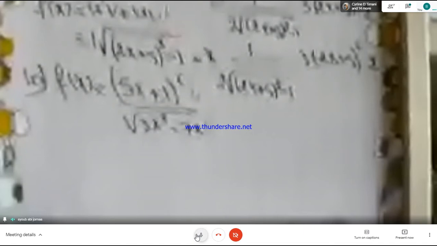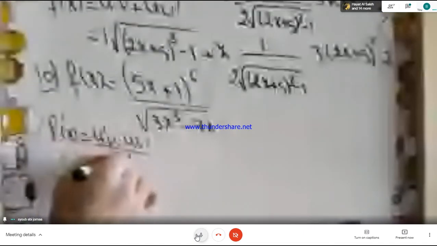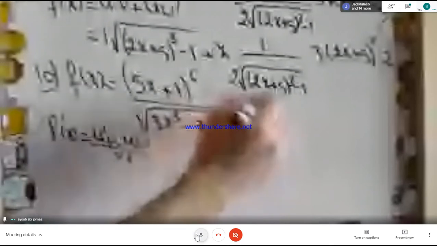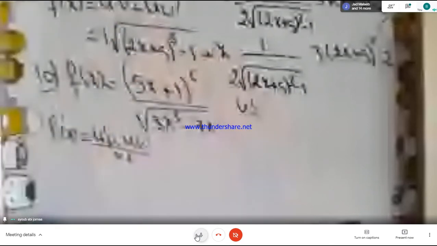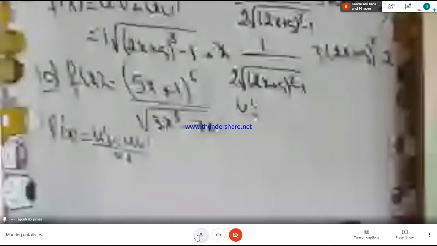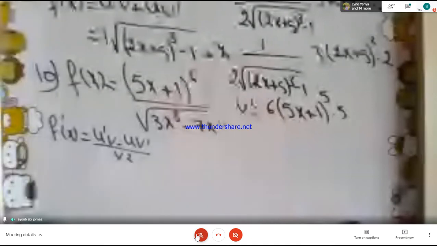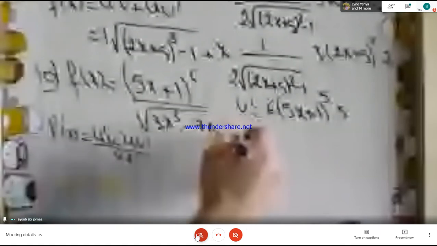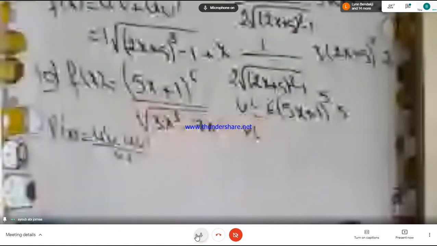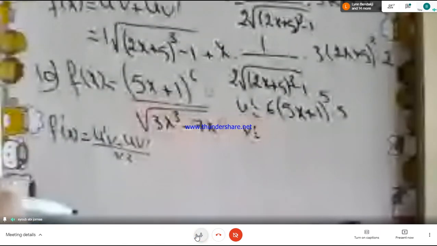So for f prime of x, it's u prime v minus u v prime over v squared. Okay, what's u prime? Six, 5x plus 1 to the power 5 times the derivative of the inside, times 5. Good. What about v prime?